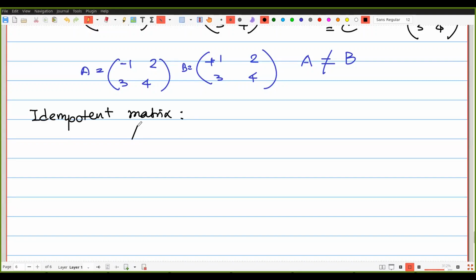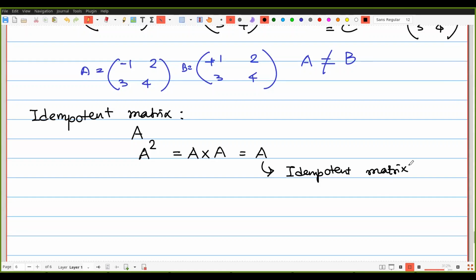Suppose we have a matrix A. Whatever matrix A is, if we find A squared, that means A cross A, multiplication of A with the matrix A, that means we are multiplying the matrix with itself, and we are getting the matrix A itself after multiplication, then we must say that A is an idempotent matrix.